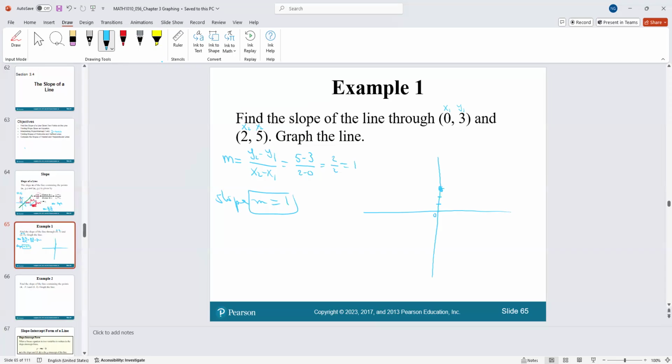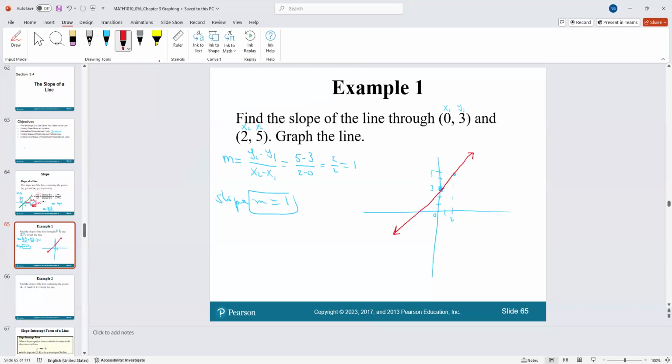When x is 2, 1, and 2, y is 3, 4, and 5. Okay. Now, you can take multiple other points, but I have enough to know that my graph would go through these 2 points. I would assume this is my graph.